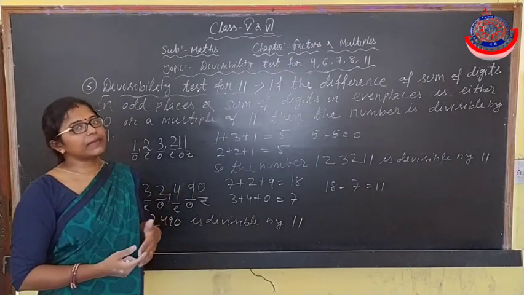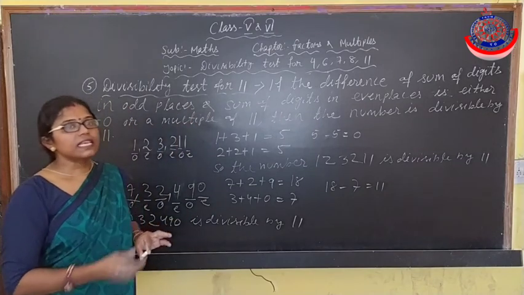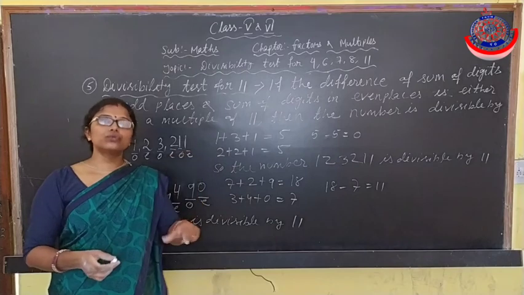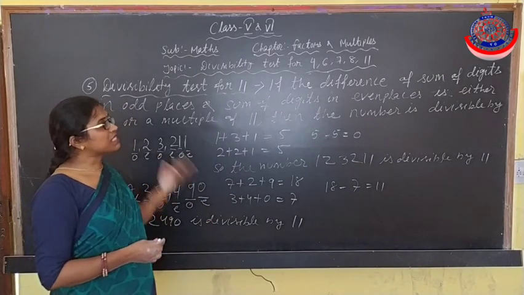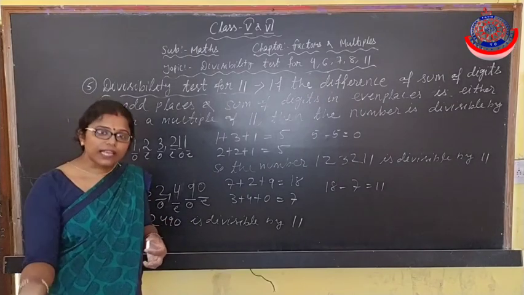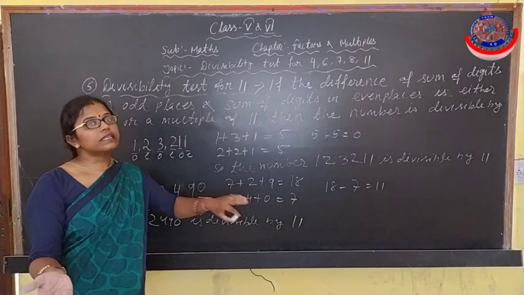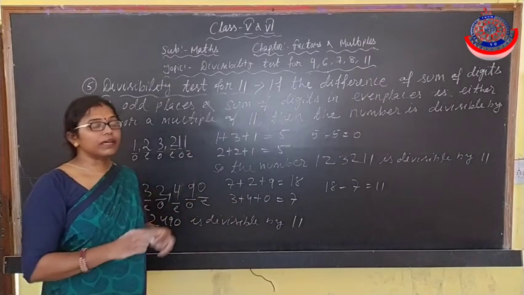If it is divisible by 8, the number will be divisible by 8. In case of 6, if the number is divisible by both 2 and 3, the number will be divisible by 6. In case of 7, what do we have to do? We have to find the difference of twice the last digit and the number formed by the remaining digits.